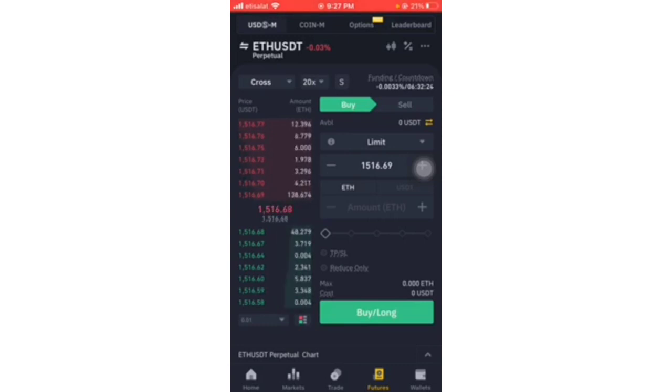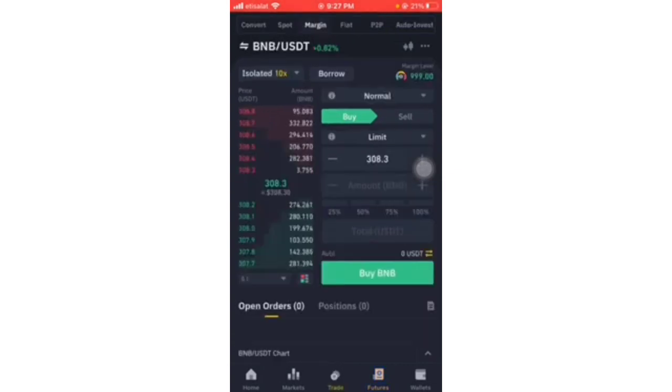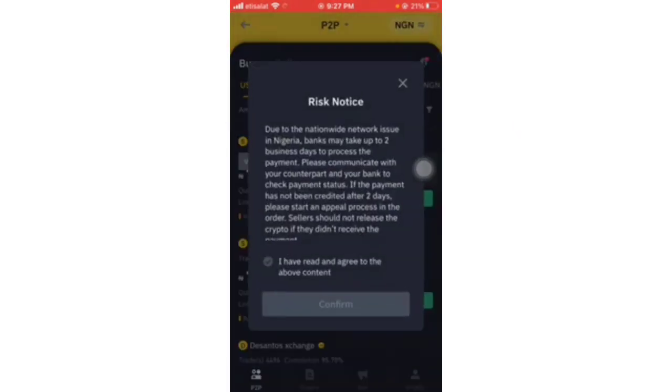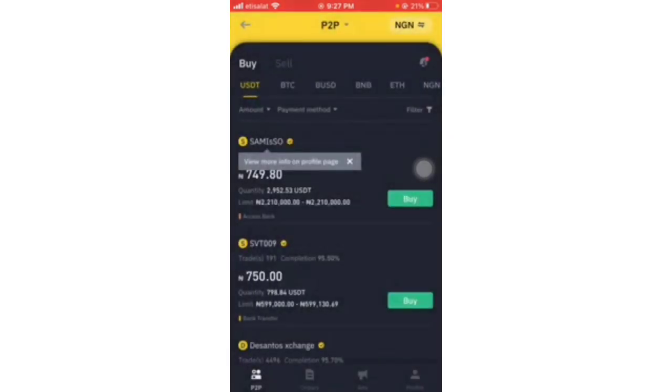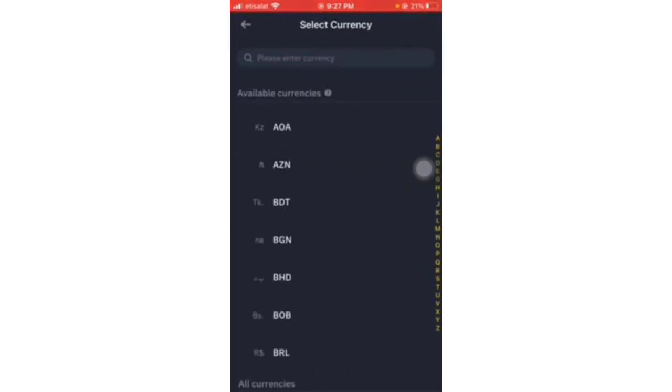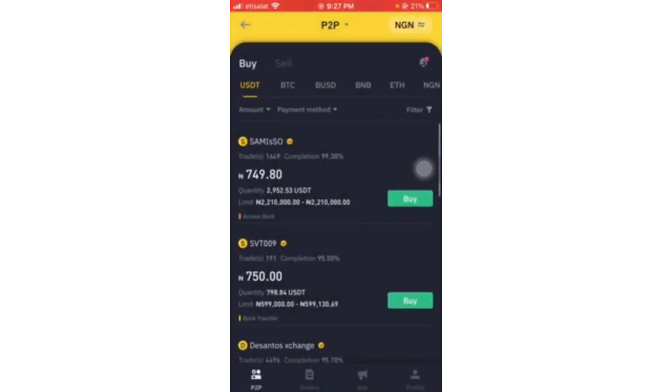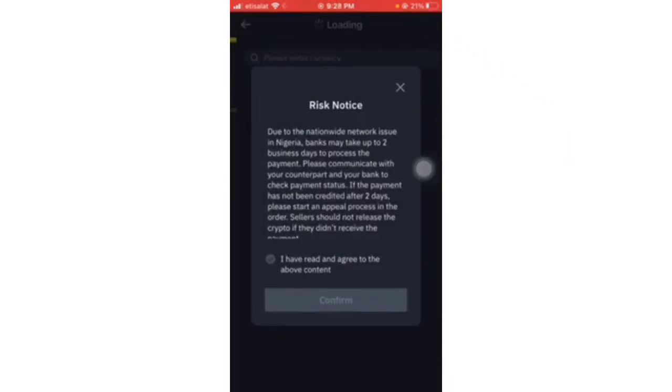Let me quickly explain P2P to you. So in this trade here, in this future, you go to trade, right? In this trade, you're gonna see P2P right here. So this is P2P, guys. Now in P2P, you can actually change currencies, whichever currency you want to trade. If you want to trade AED, you understand, this is P2P for you. Whichever currency you want to trade, you find it here, right?